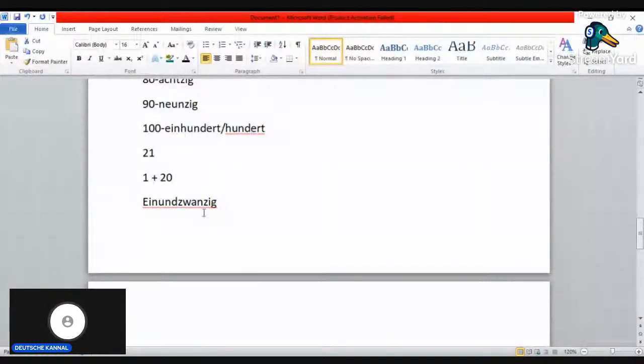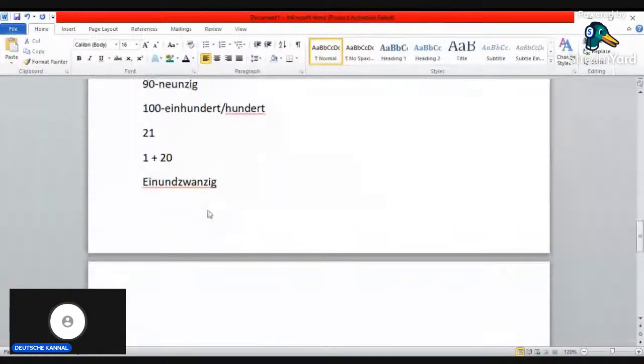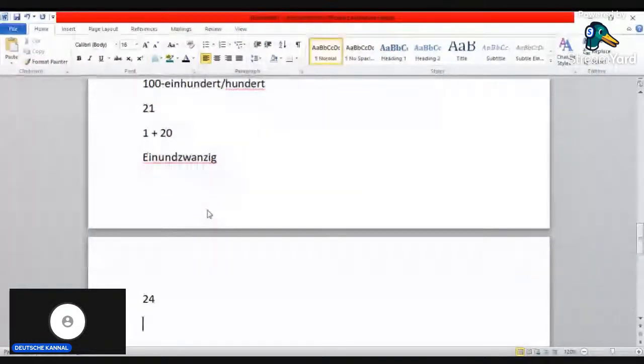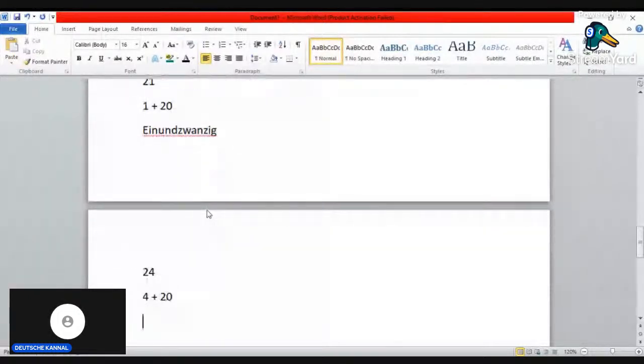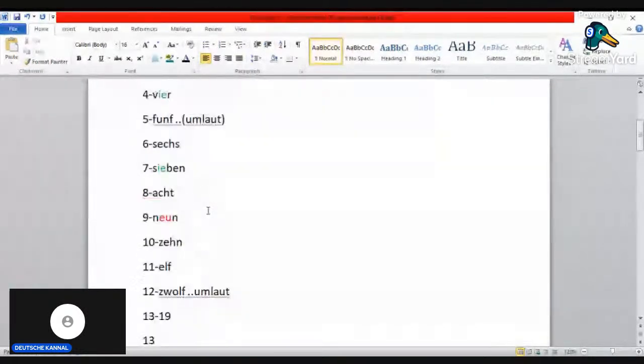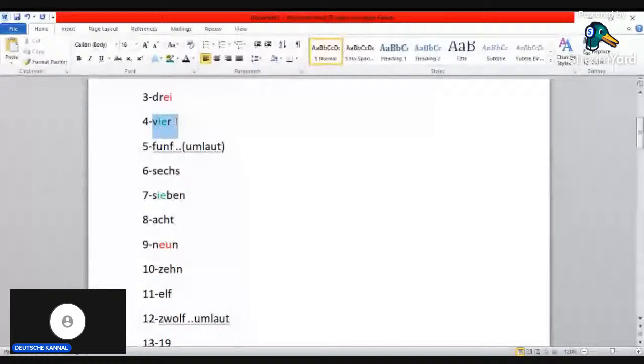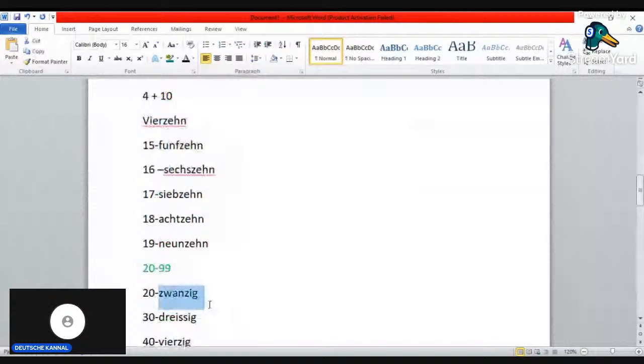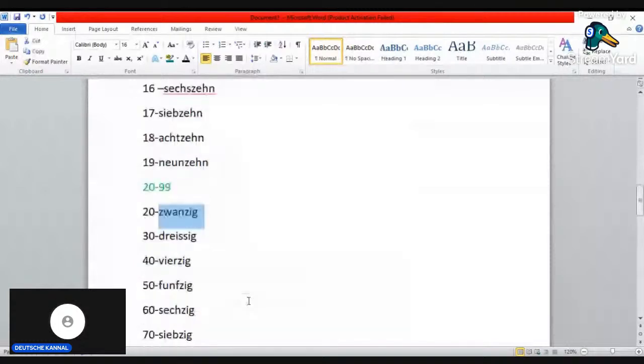So let's try, for example, 24. We already know 24 is 4 and 20. So what is 4? 4 is vier, and 20 is 20.